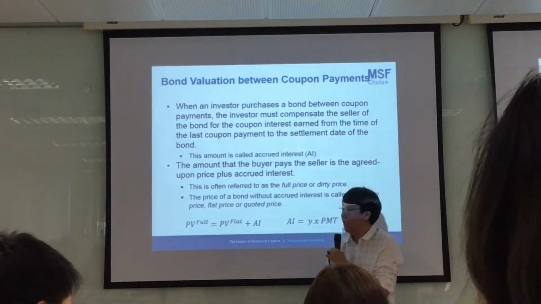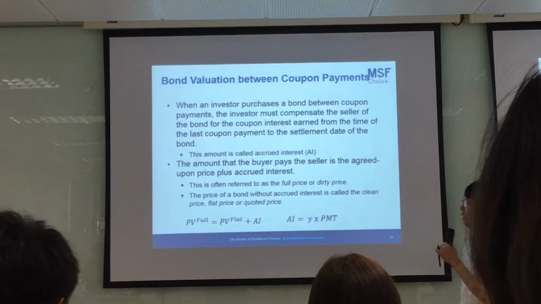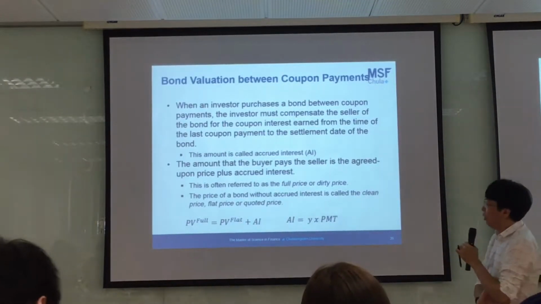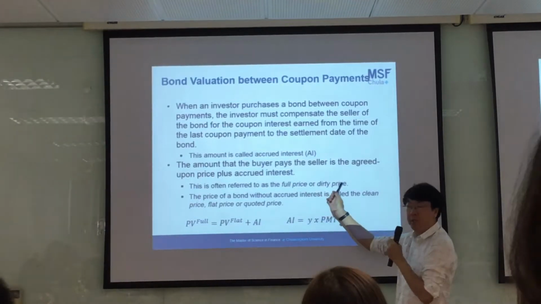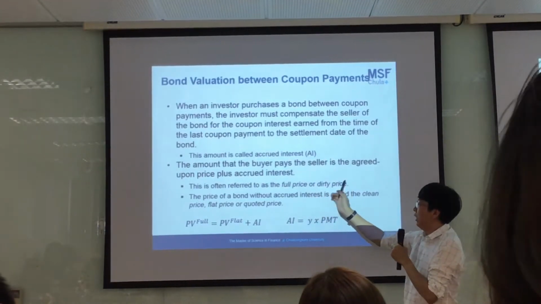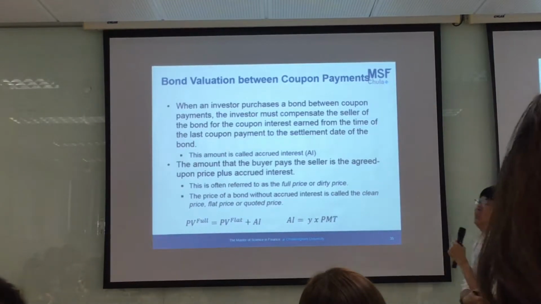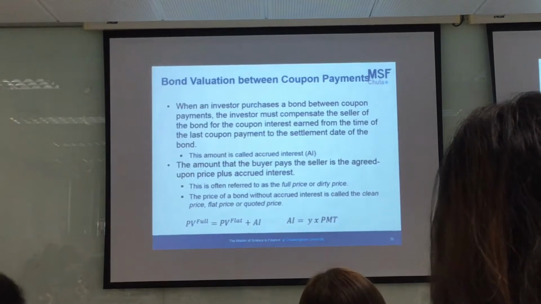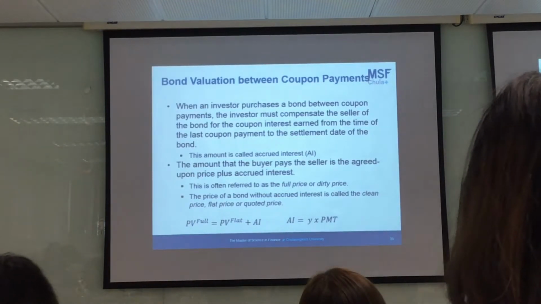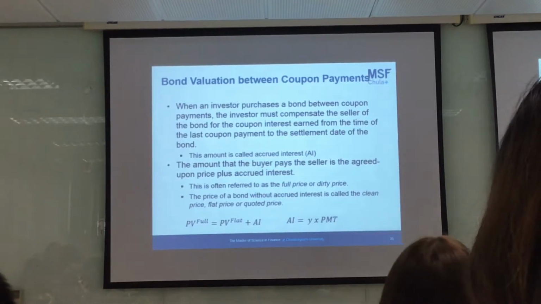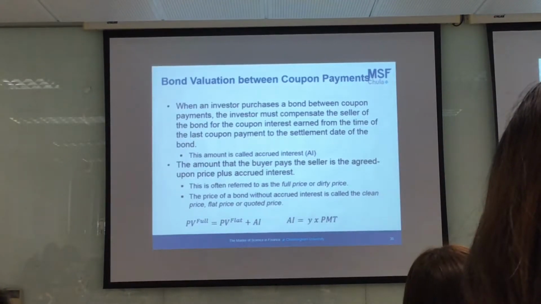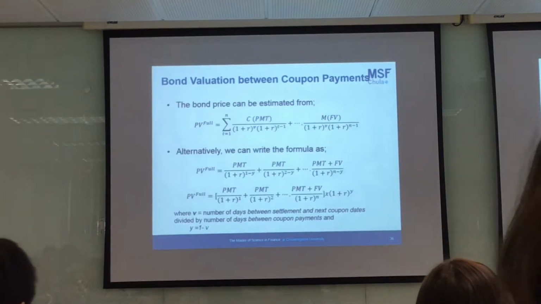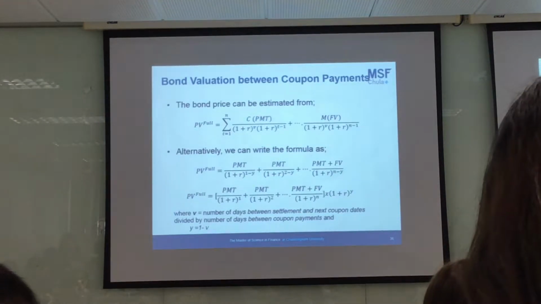The full price is sometimes also called the dirty price or invoice price. The full price, or dirty price, combines the quoted price, or flat price, plus the accrued interest. I'll come back to this for one or two more issues. Let me talk about how to price a bond first.